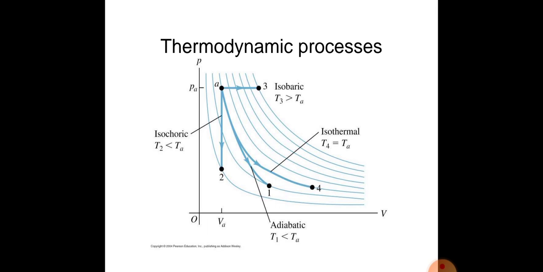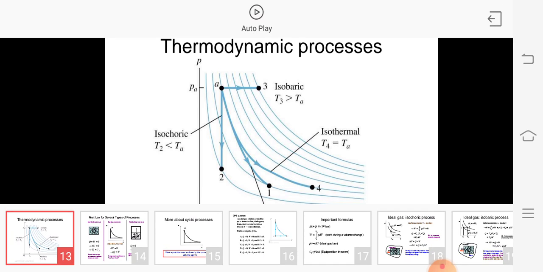Then on the graph the process from A to 3 is an isobaric process, meaning there is a constant pressure process. Then from A to 4, in this process the temperature is constant, so this process is known as isothermal process. And A to 1 is known as adiabatic process.